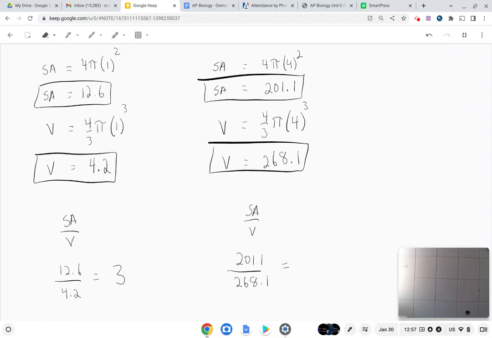And what this is illustrating is that the smaller the cell, mathematically you're going to have a higher surface area to volume ratio. And this is why evolution has favored smaller cells. Smaller cells tend to do better because they just have more efficient exchange of nutrients and wastes with the environment, right?